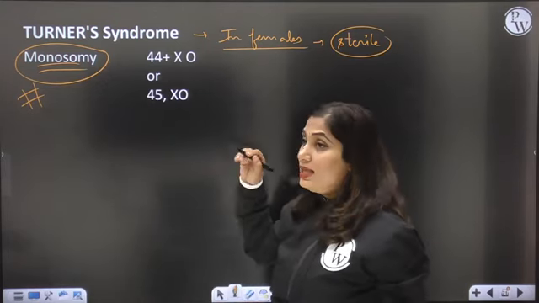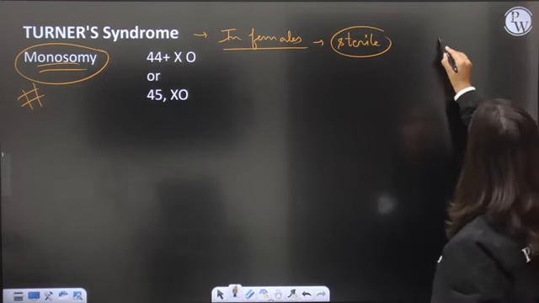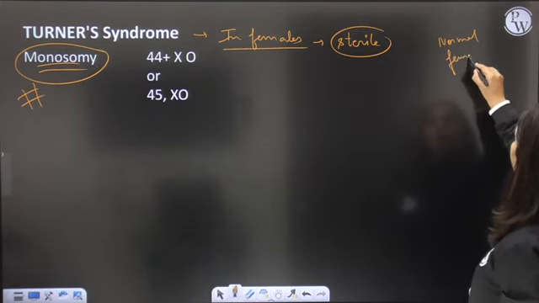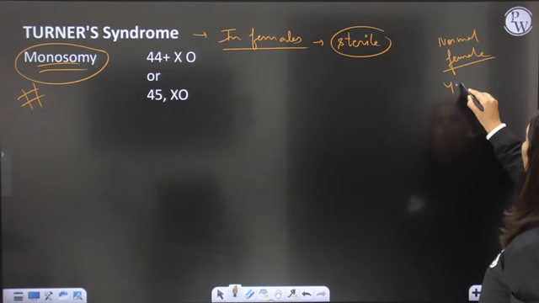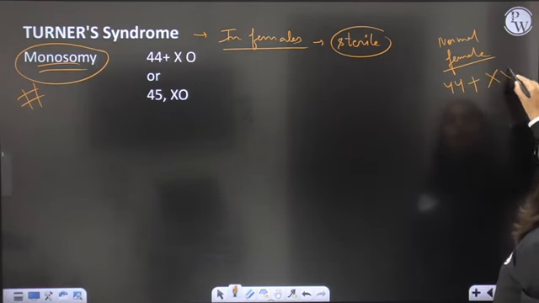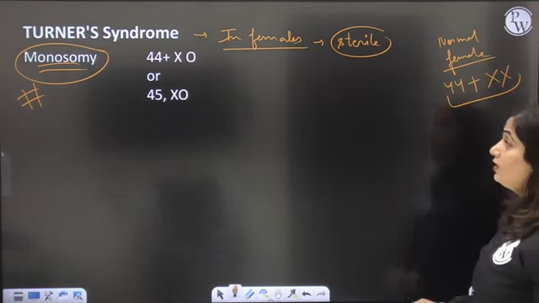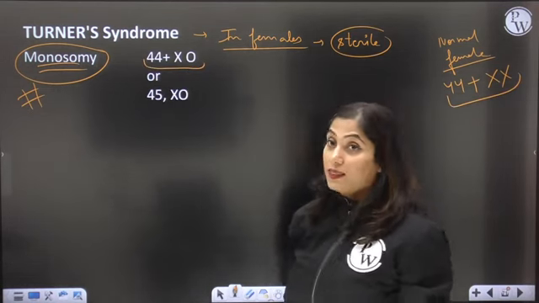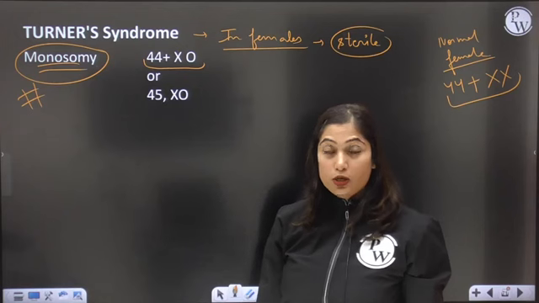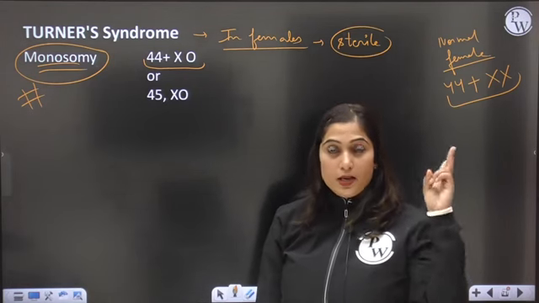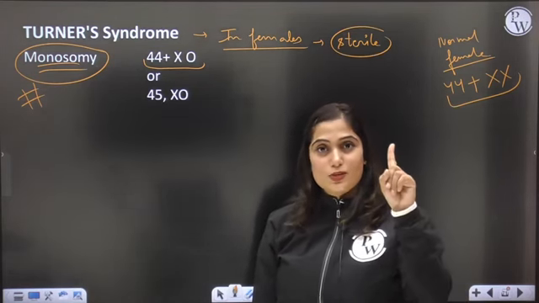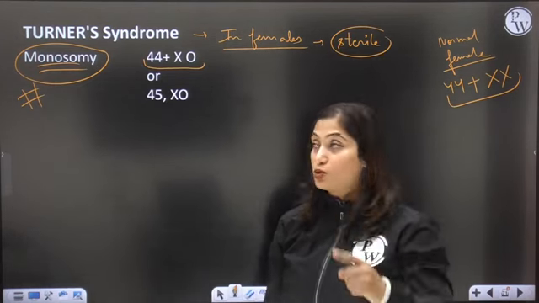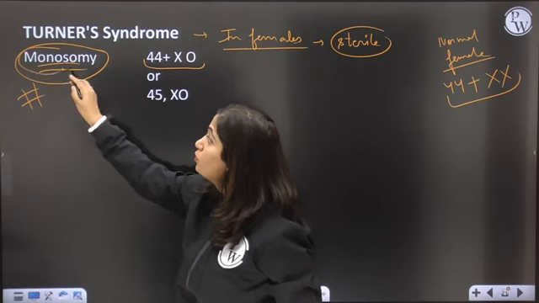That means in a normal female, the condition is 44 plus XX, right? But here you can see the condition is 44 plus XO. That means in the last pair, instead of 2 X chromosomes, there is only 1 X chromosome. So in the last pair, there is only 1 chromosome, and that is why it is called monosomy.